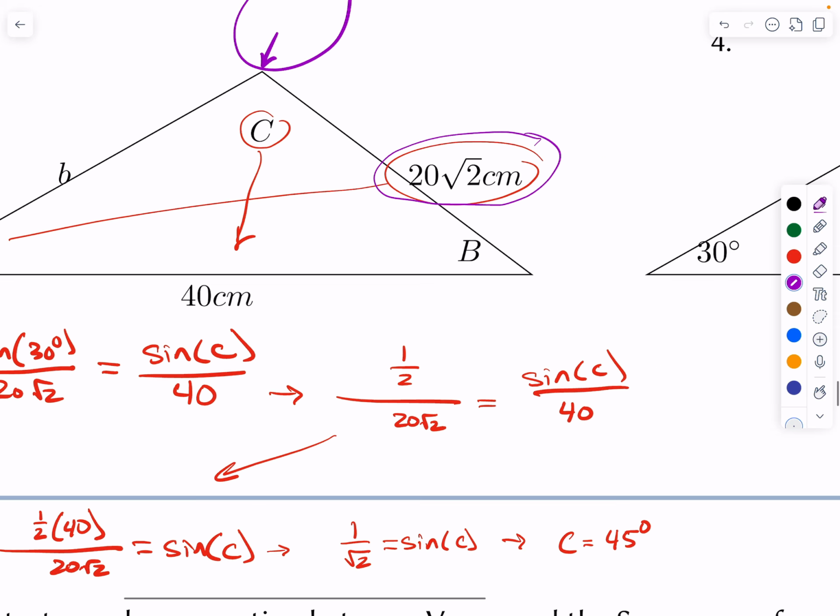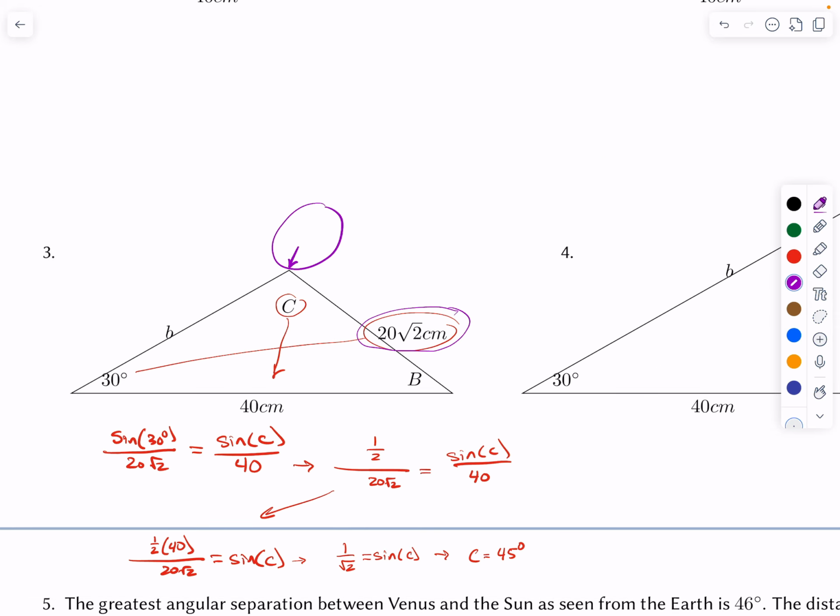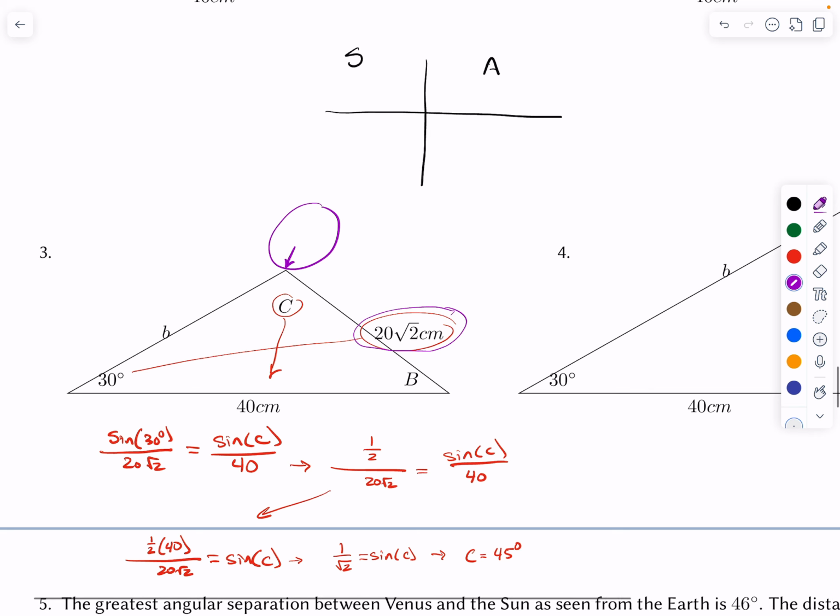Well, as you know from your knowledge of the unit circle, everything is positive up here, only the sine is positive here, so there are angles in the second quadrant that have positive sines. So here's the 45-degree angle.